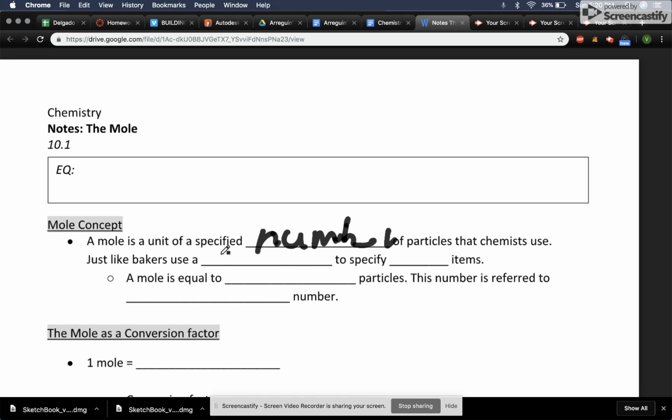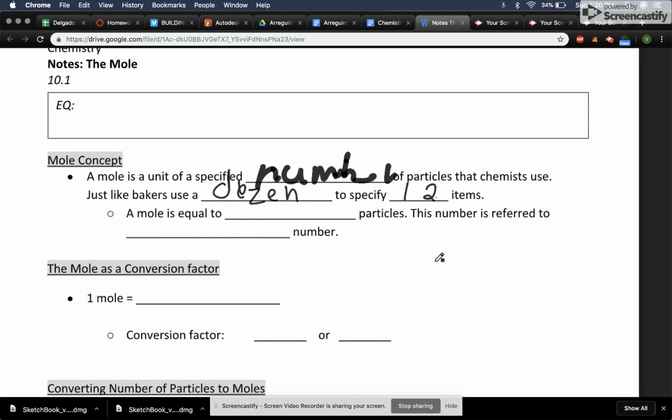So let's keep going. Just like bakers use, I know a lot of you guys wrote dozen. So that did fit right here. So we could just write dozen right in here to specify 12 items. All right. And here a mole is equal to blank particles.